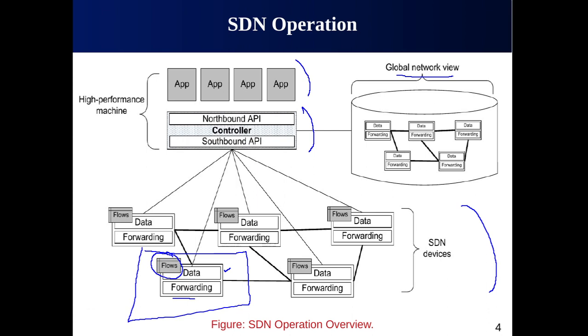There is a word that we use here, and that is proactive flows. The SDN application interfaces with the controller and actually uses proactive flows on the devices. Proactive flows are established by the application.